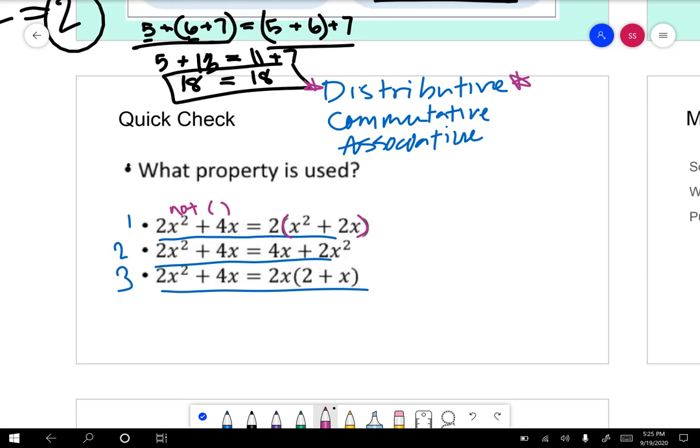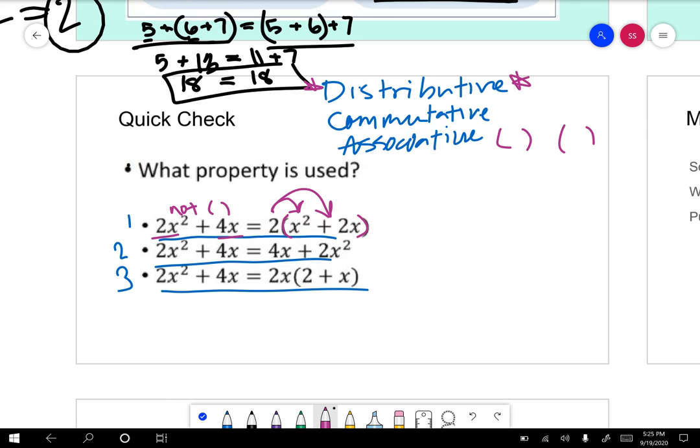Because associative property, we are regrouping, but parentheses will usually always be involved, we're just moving them. So this would be an example of distributive property, because if we do 2 times x squared, we get 2x squared. If we do 2 times 2x, we get 4x.